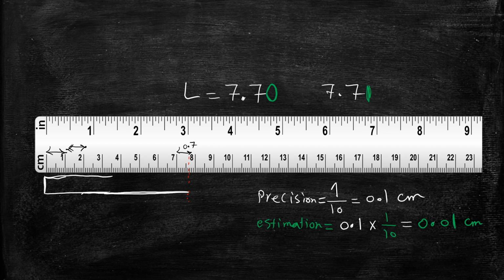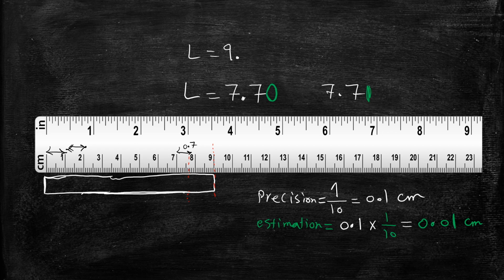Okay, another example. Now, suppose this bar doesn't end here. It's a longer bar, goes up to here. We know already the precision is 0.1. We know our estimation has to be on the order of 0.01. Looking at the bar, it looks like it comes right at 9. So length equals 9.